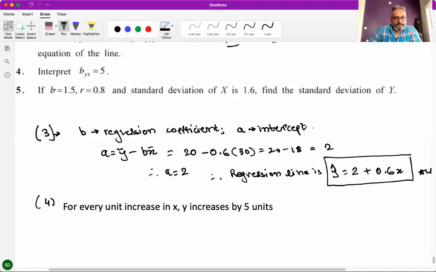We write over here y cap, okay? Because I was typing, y cap increases by 5 units.